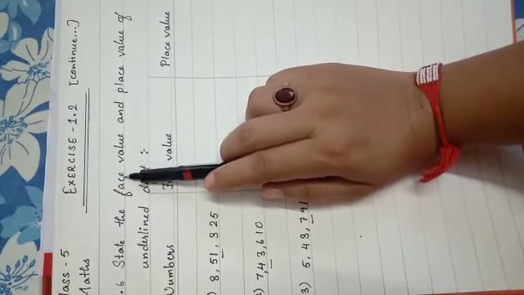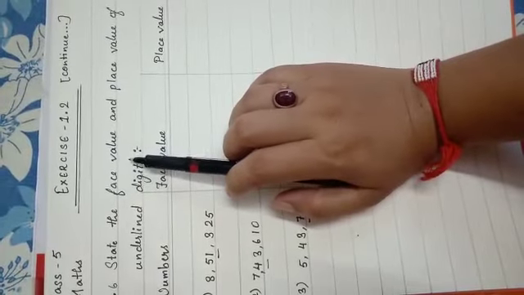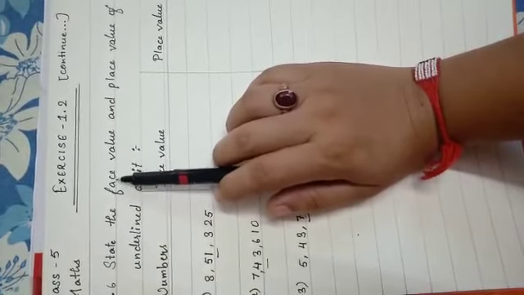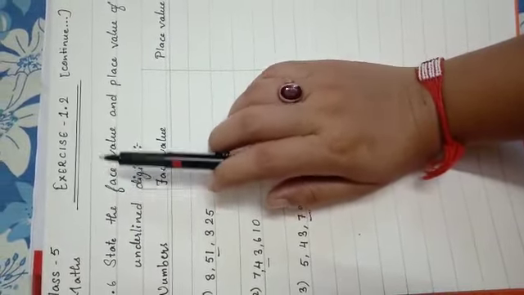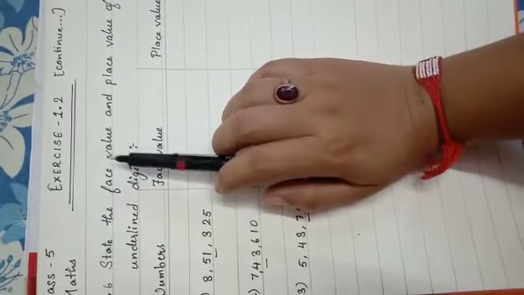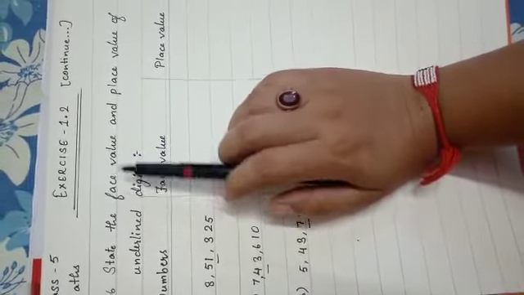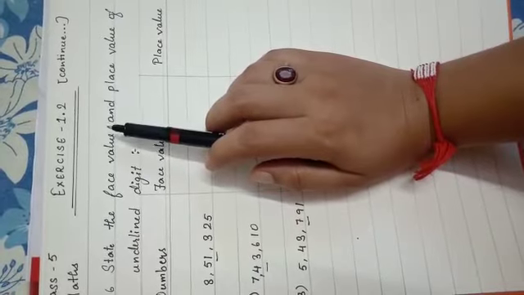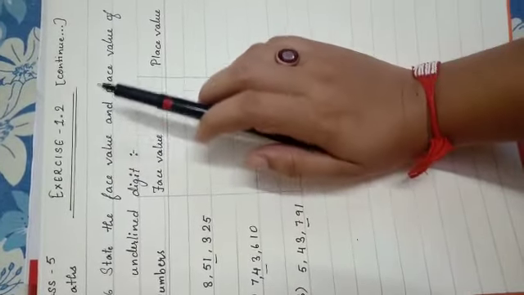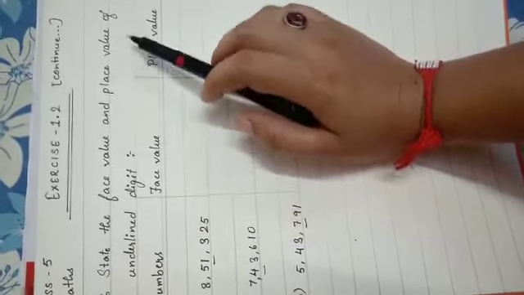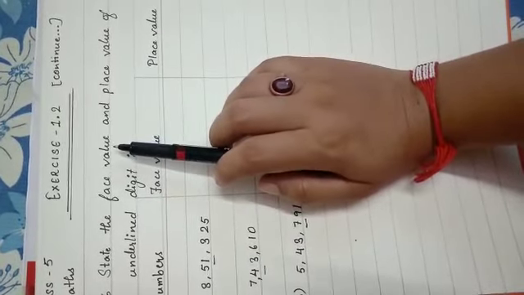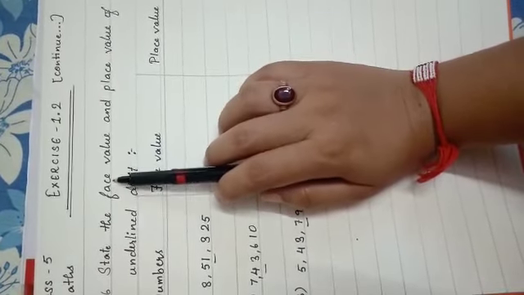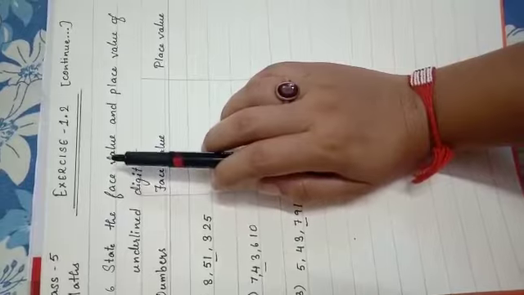Face value means whatever the number is underlined or whatever the number is given to you, that number only is the face value. That means that number will not be multiplied with any other number like 10, 100 or anything else, or no zeros will be put after that number. That means face value will remain as it is.